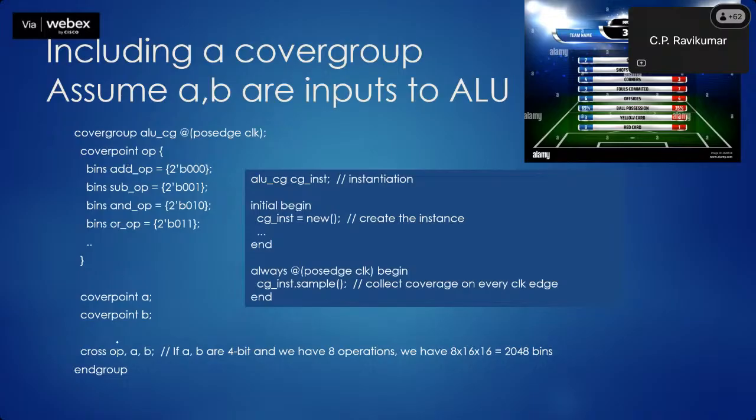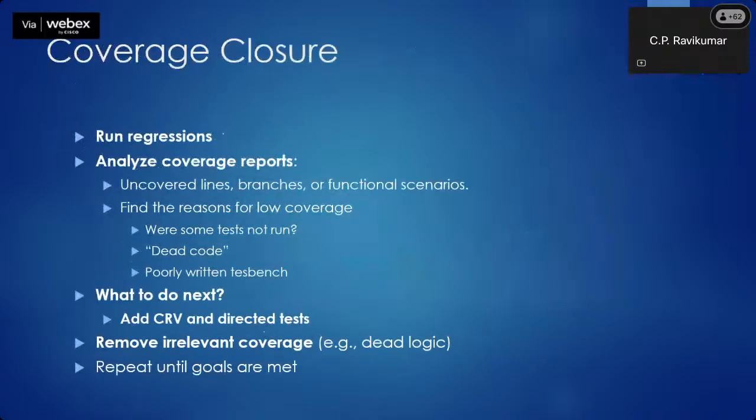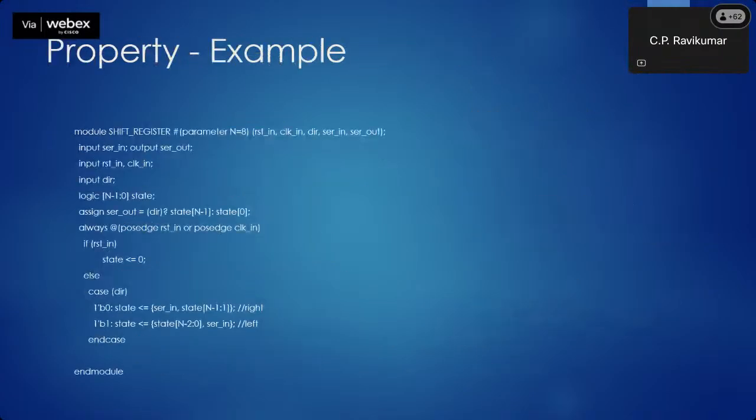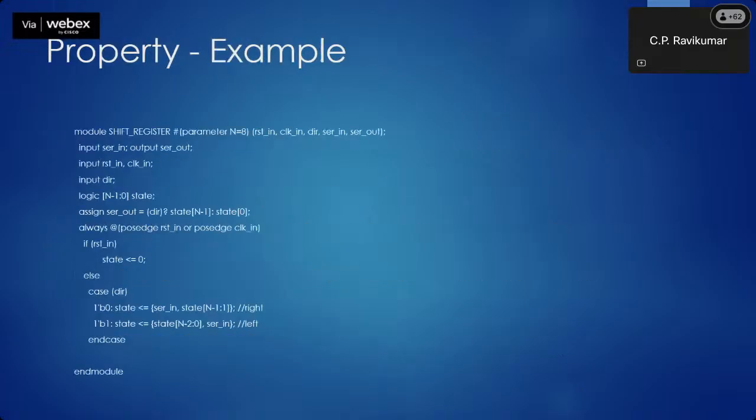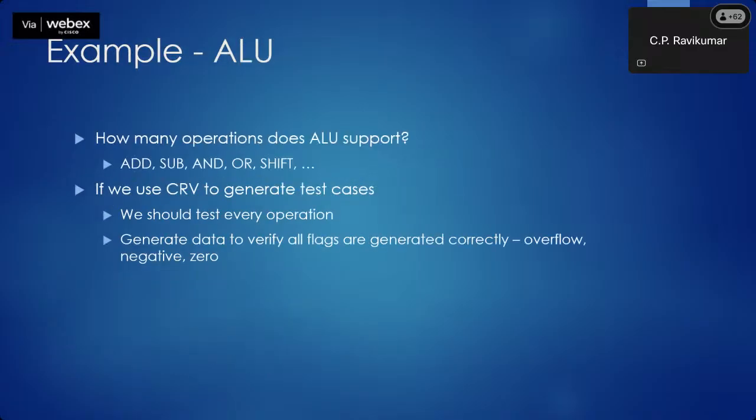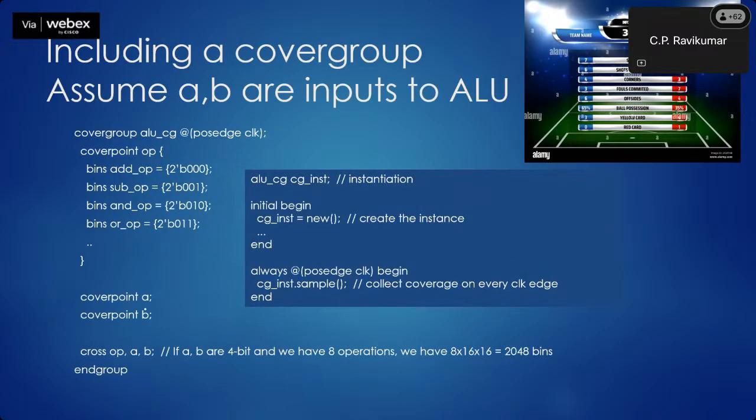You can also define what are called cross products; you may have heard about them. If you say cross op A B, then it will check, let us say A and B represent registers, like in this example that I gave, where there may be reg 1 and reg 2.